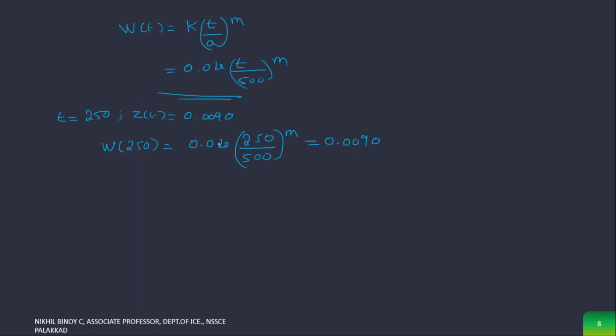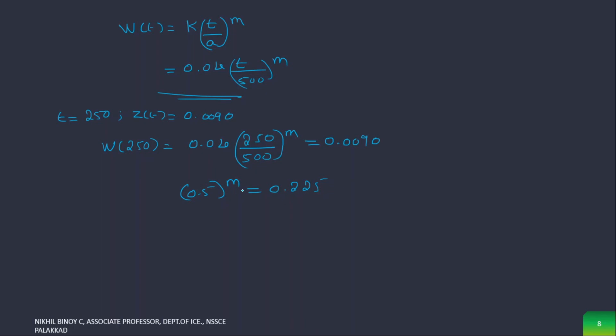If you divide the entire equation by 0.04, we have 250 divided by 500 is 0.5, raised to m, equal to 0.0090 divided by 0.04, which is 0.225.